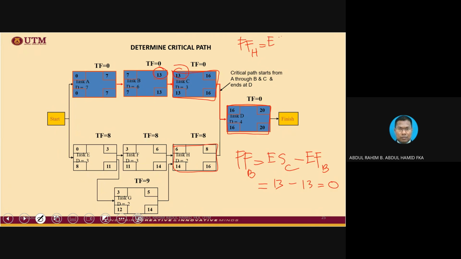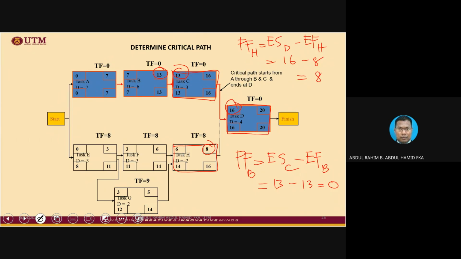The early start of the subsequent activity D minus the early finish of H itself: early start of D is 16 and early finish of H is 8. So the free float is 8.